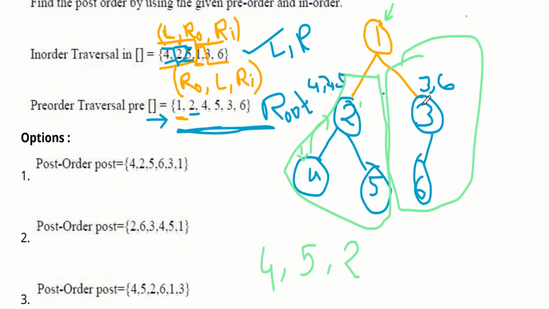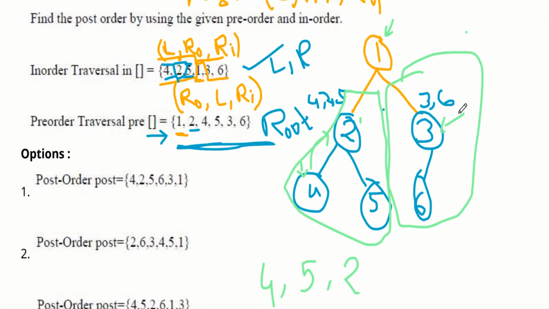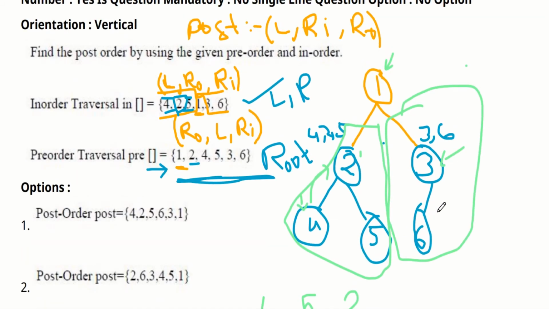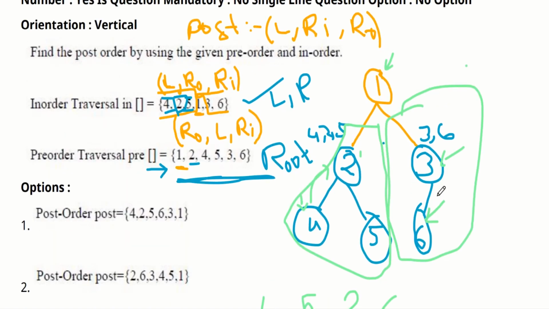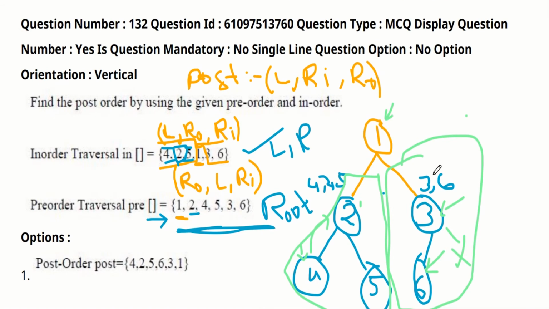So it goes to the 3, and 3 still has a left child node, and it goes to the 6. The pointer goes to the 6, and 6 does not have anything, so 6 gets printed, and it goes to the right node of it. But here we don't have any node, so it goes to the root node.